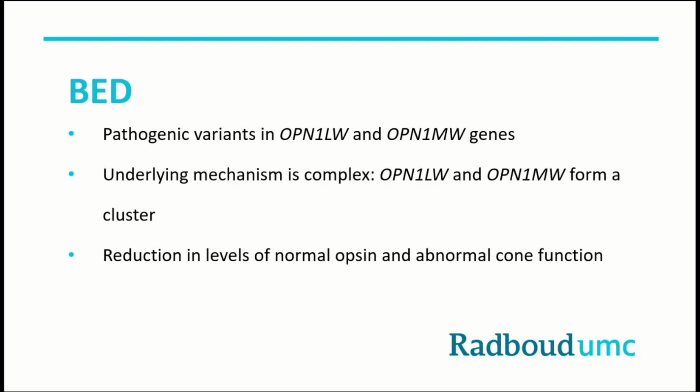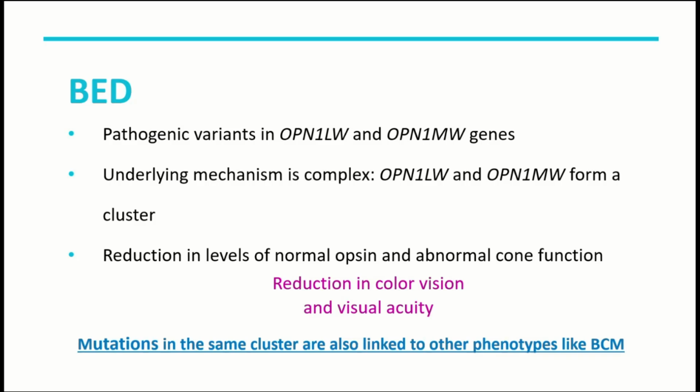Their underlying mechanism is very complex because they form a cluster, and I'm sure that Lonneke will talk about that in more detail. Mutations here cause a reduction in the levels of normal opsin and abnormal cone function. So this leads to reduction in color vision and reduction in visual acuity. And like I just mentioned, mutations in the same cluster are also linked to other phenotypes like BCM.